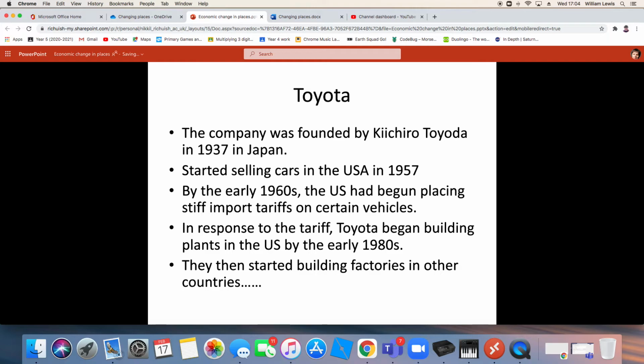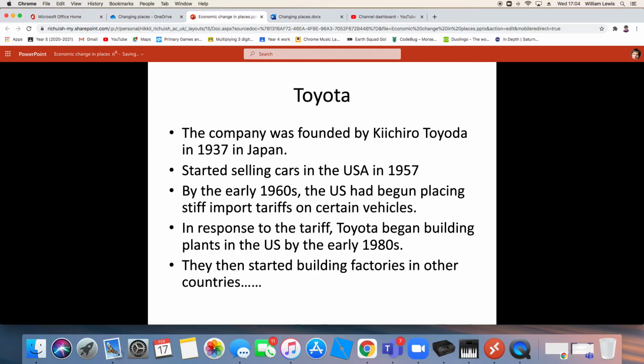started branching out by selling to the American market in 1957 because the more people you sell cars to, the better your business is going to be. Fairly obvious. The American car companies didn't like that very much because obviously if your customers have a choice of cars, you're not going to sell quite so many cars because they might buy a Ford, they might buy a Toyota. So what the American government did is something that is called protectionism.